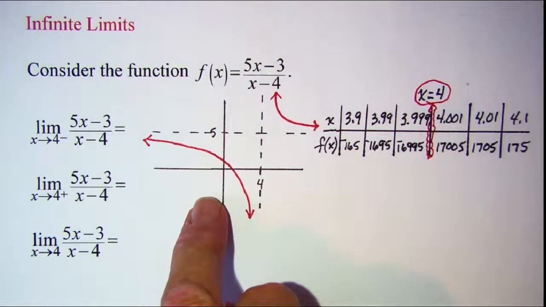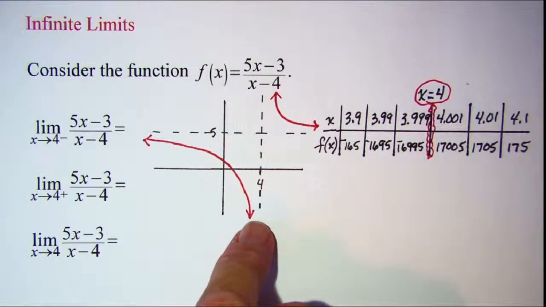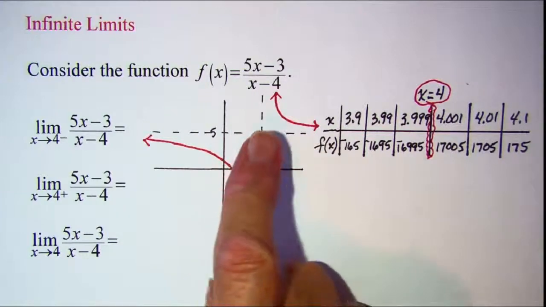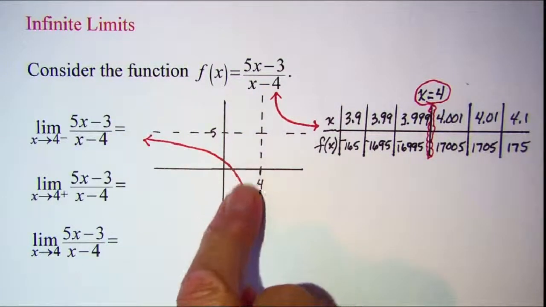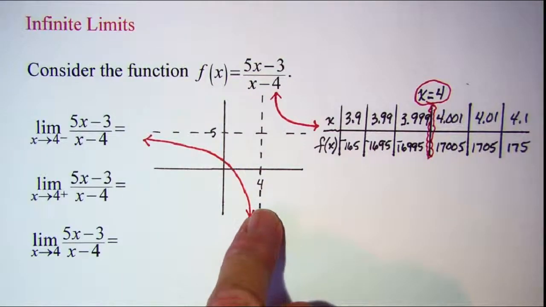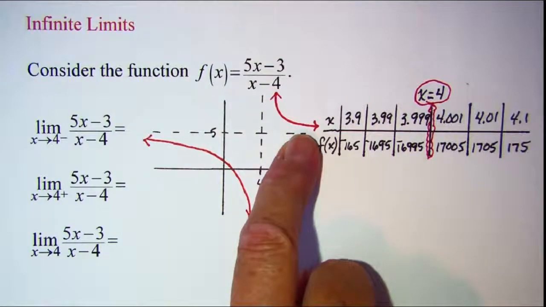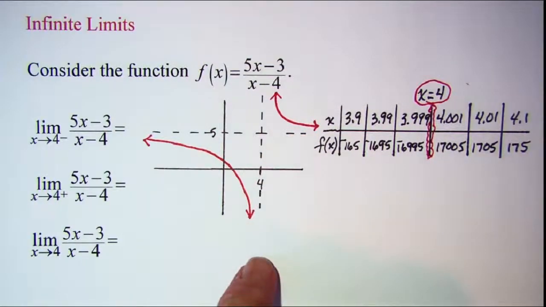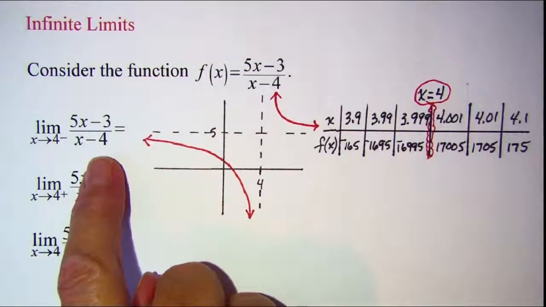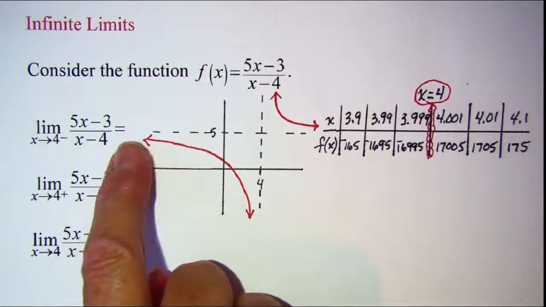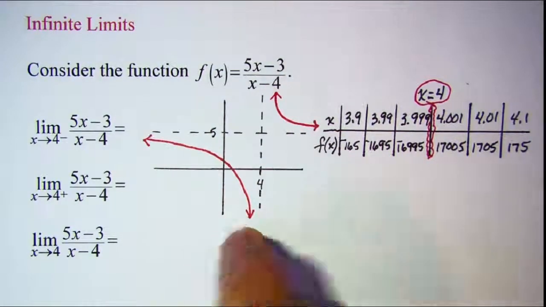and then from the positive direction, and then that'll tell us something about the two-sided limit as x approaches 4. So if you choose, you can look at the graph. On the graph of this function, we see a vertical asymptote at x equal 4 and a horizontal asymptote at y equal 5. And our limit then, as x approaches 4 from the negative direction, shows that we're approaching negative infinity.